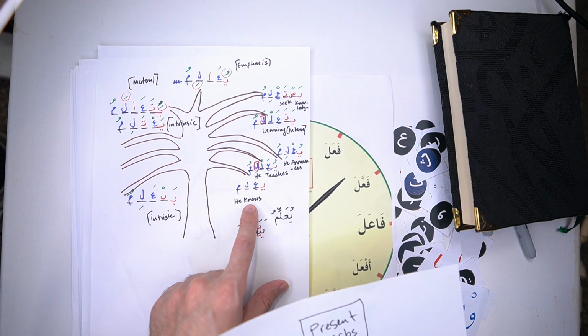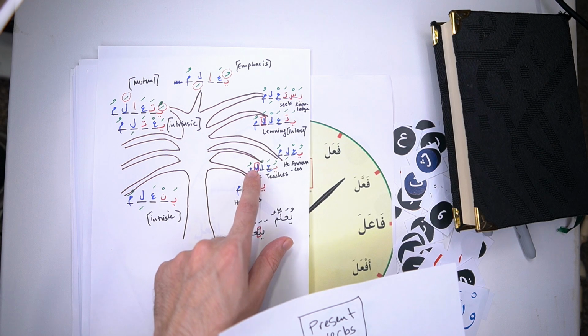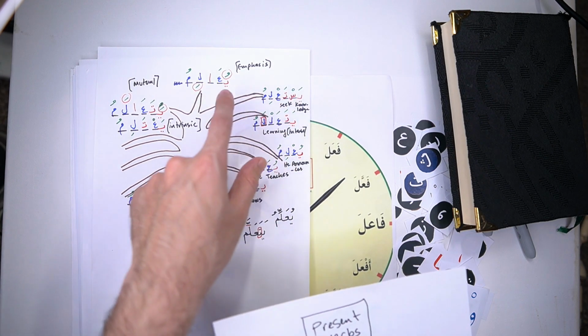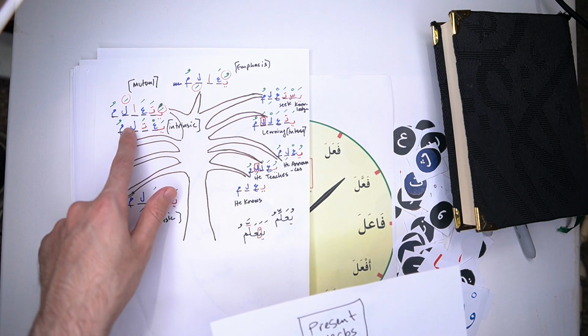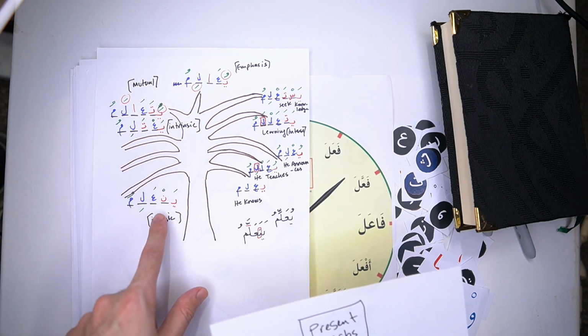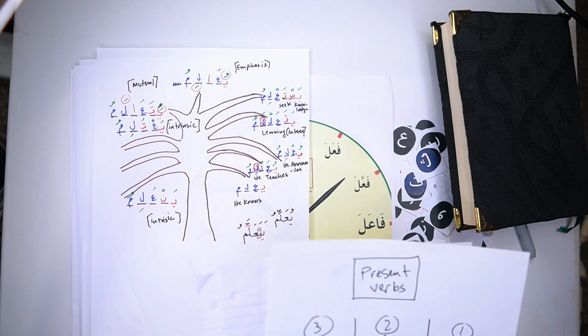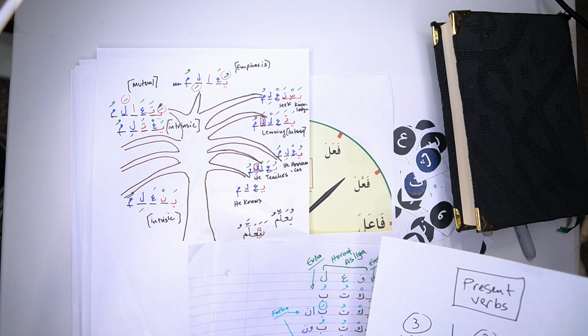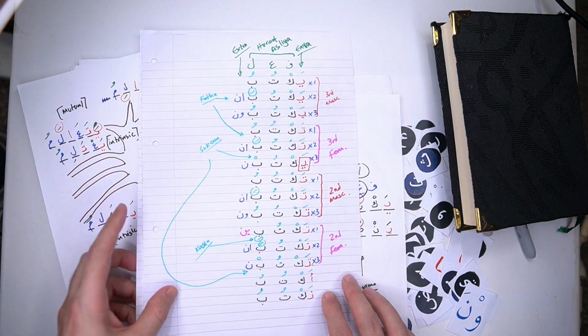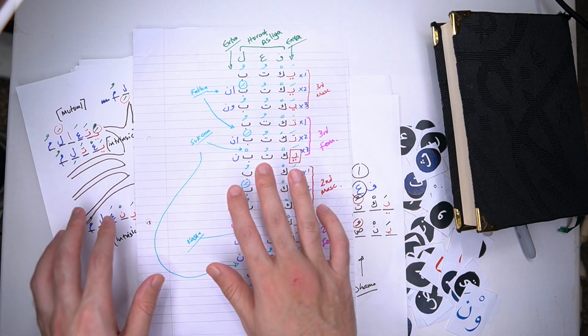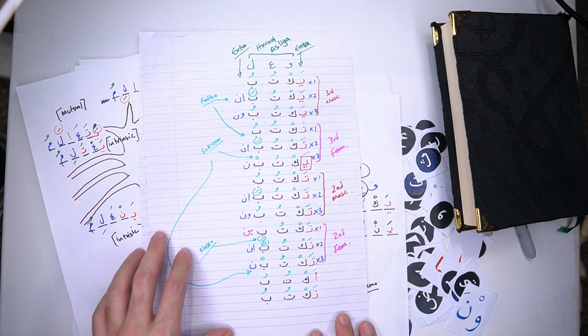So you have ya'lamu, yu'allimu, yu'limu, yata'allamu, yasta'limu, yu'alimu, yata'alamu, ya'talimu, yan'alimu. Right? So these are basically the major patterns that we're going to be dealing with. And then I also showed you this, which was the 14 pattern.